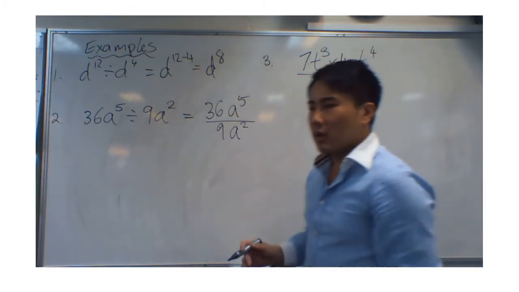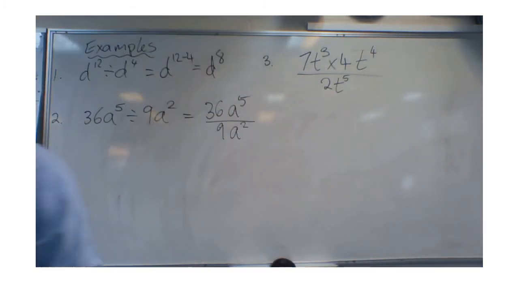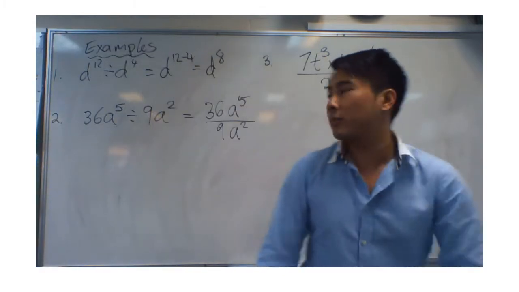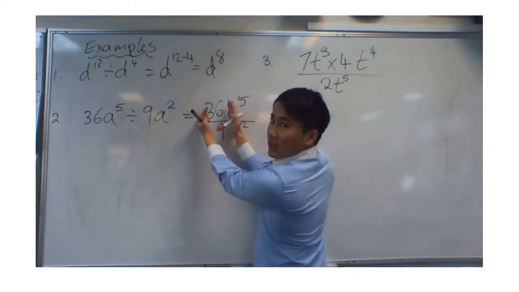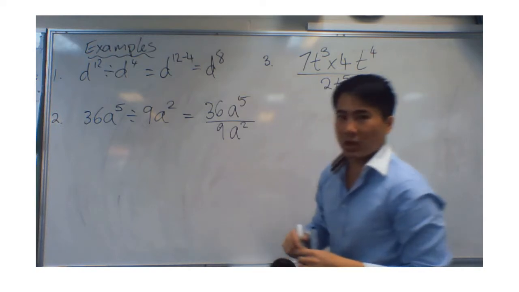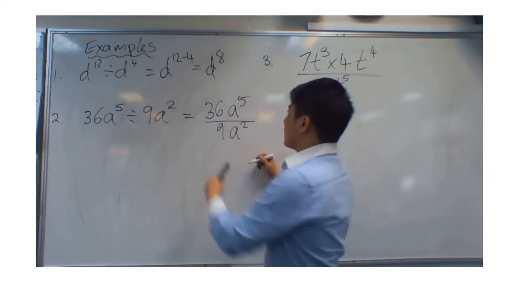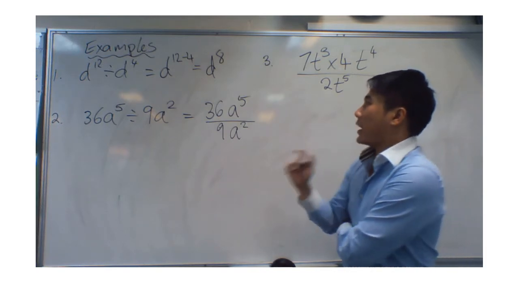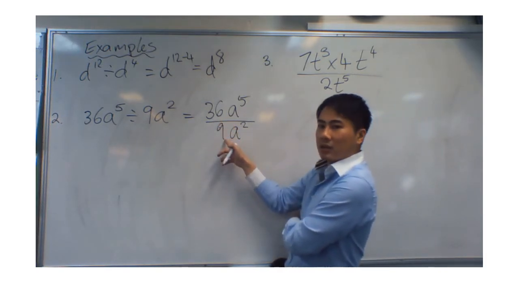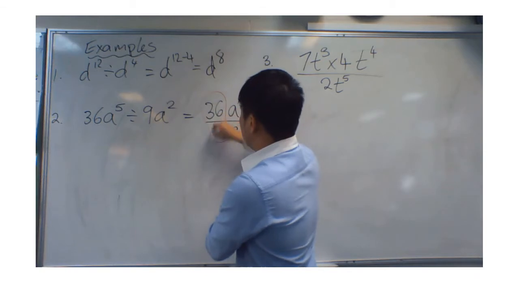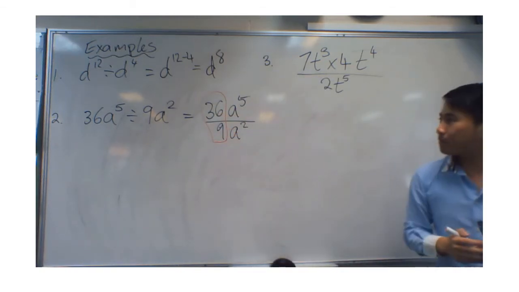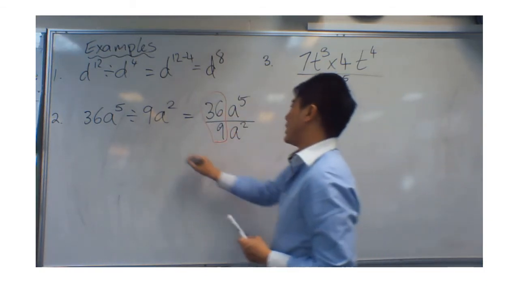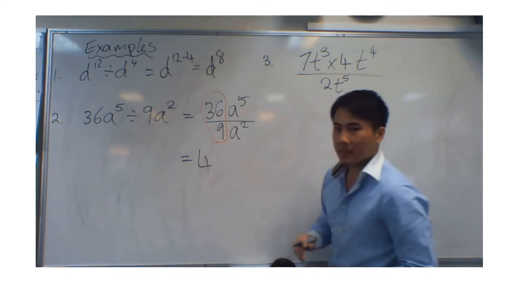Now, it looks much more doable because we can group the numbers together and we can group the variables together. Let's look at 36. What can I do with the 36? Well, I'm actually dividing 36 by 9, right? I can group 36 and 9 together. 36 divided by 9 is just 4.